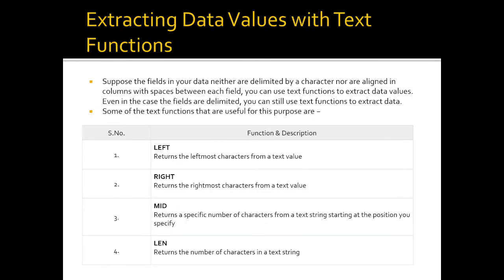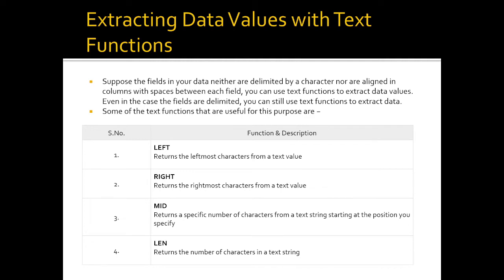And the next now is extract data values with text functions. Suppose the fields in your data neither are delimited by a character nor are aligned in columns with spaces between each field. You can use text functions to extract data values. Even in the case the fields are delimited, you can still use text functions to extract data.